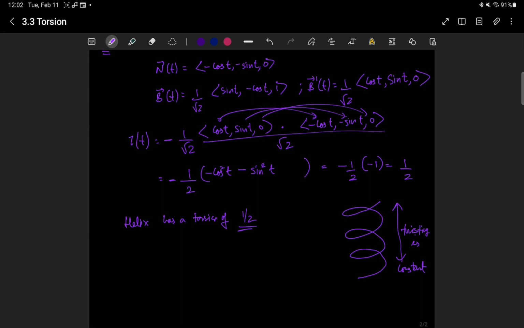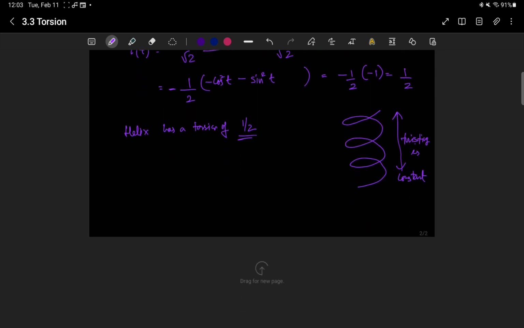Obviously that's not the case, just as we saw with the circle. The circle had a constant curvature, but that's not necessarily always true. If you change the shape, for example the example that we saw in the lecture had a different curvature at different points. Similarly, for torsion or twist, the helix is the basic structure, so it has a constant torsion, but that is not always the case.